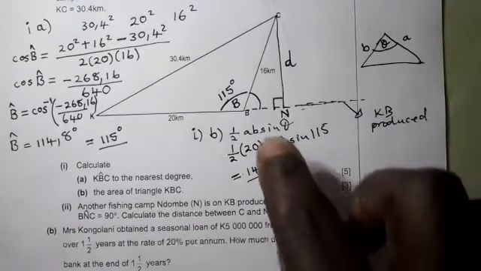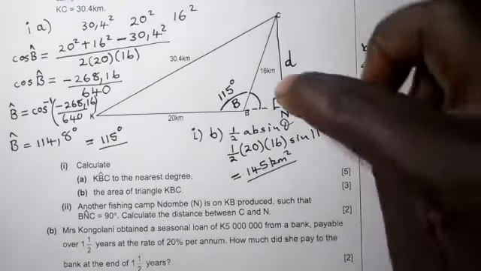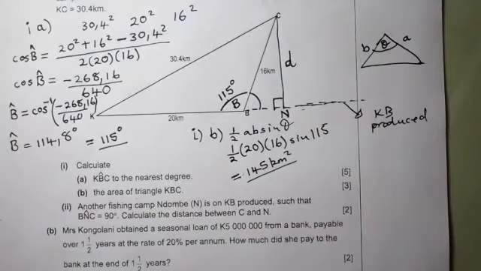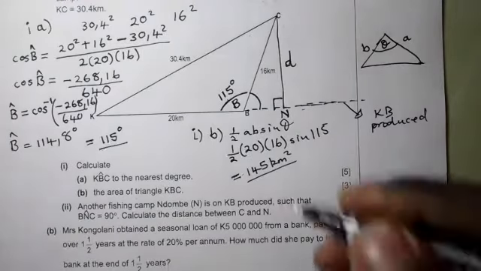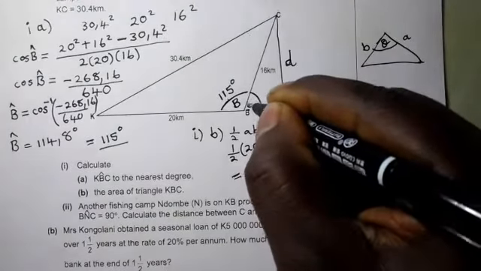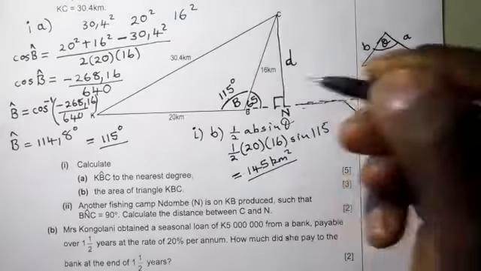So, to find this angle inside triangle CBN, I'm going to deduct 115 from 180. I hope you are listening. So if I deduct 115 from 180, you are going to get 65. So let me put 65 on B. So this is 65, right?